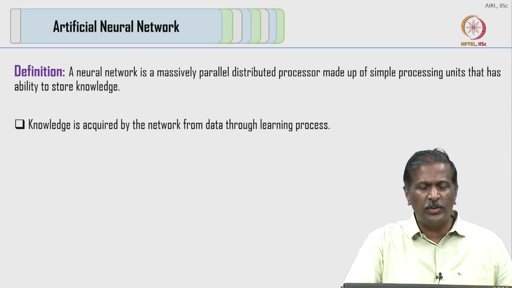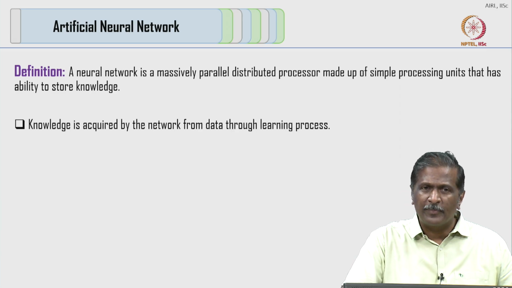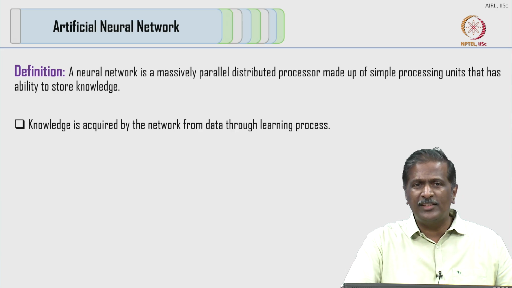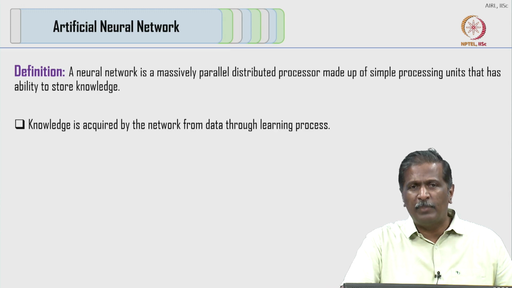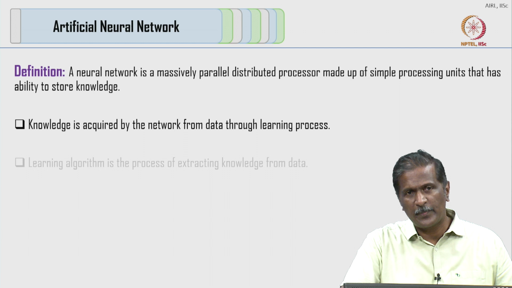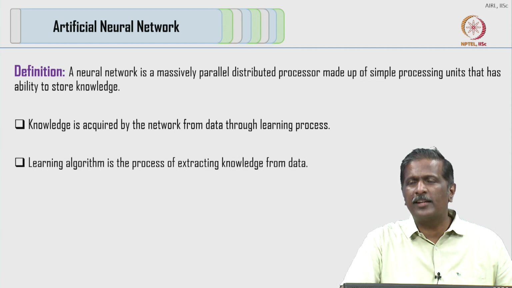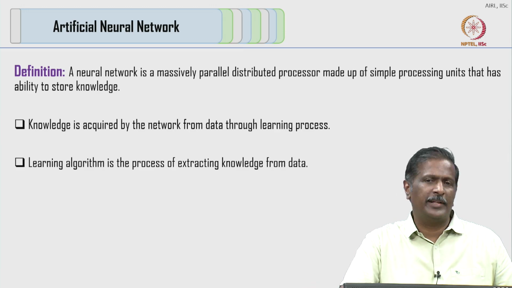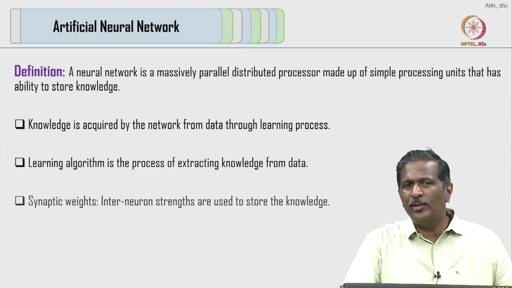Knowledge is stored in the form of weights, and this knowledge is acquired by the network from the data through the learning process. The learning algorithm is the process by which we extract knowledge from the data and represent that knowledge in synaptic weights.